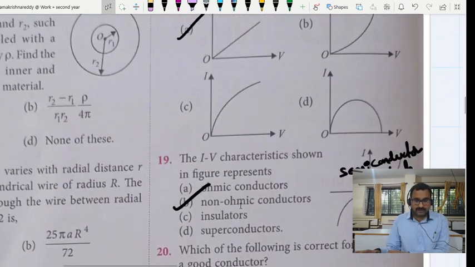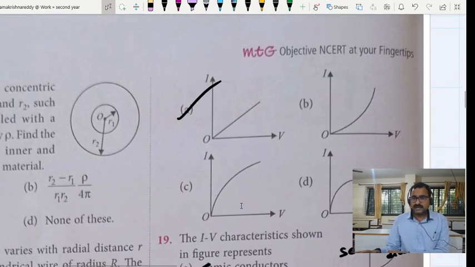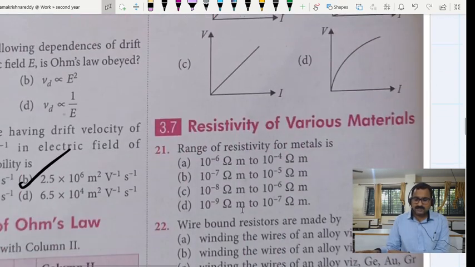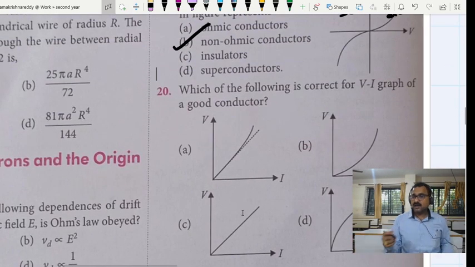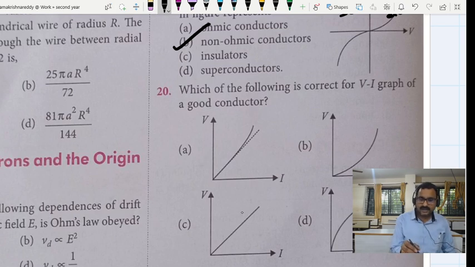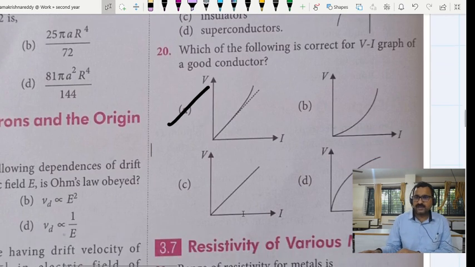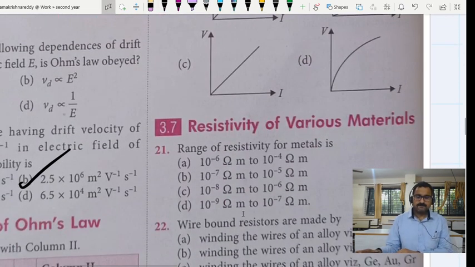For a good conductor, look at what we drew. For ohmic conductors, V is directly proportional to I, so we get a straight line. Generally we observe an almost linear relationship, as already shown in the first diagram. So for good conductors, this first graph is the relation. Check how it varies.